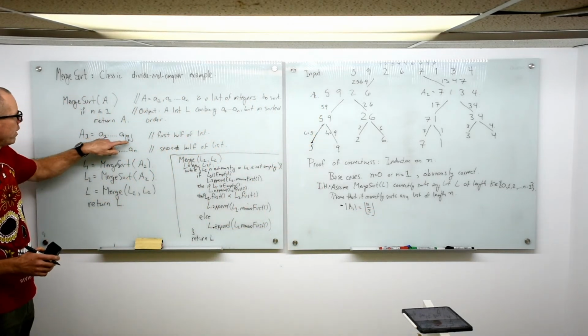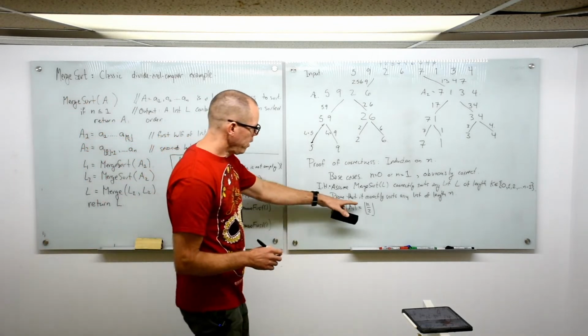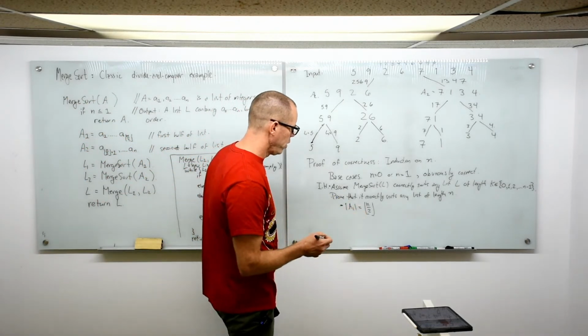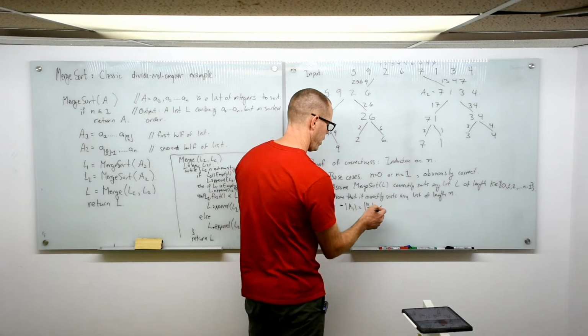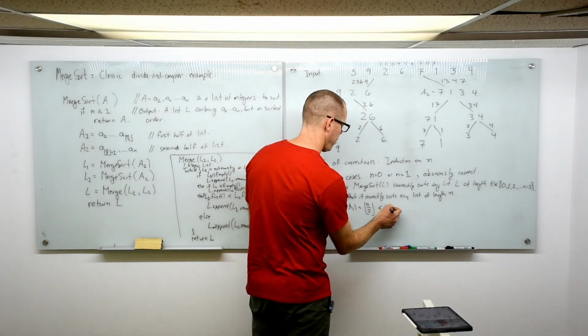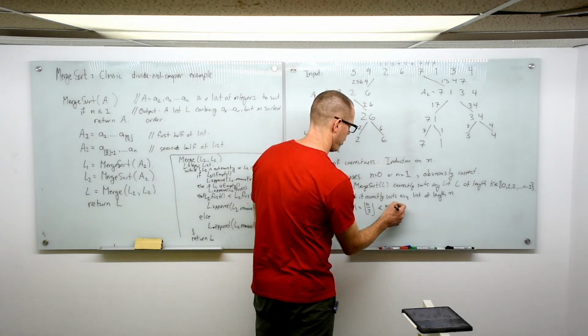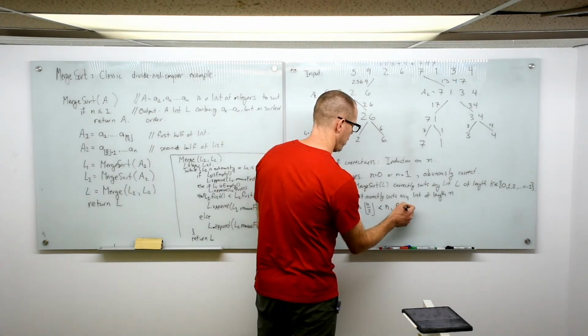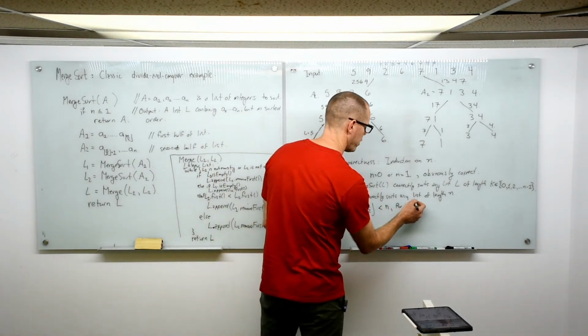That's how long this list A1 is. And the floor of n over 2 is less than n, for as long as n is bigger than or equal to 1, in fact.